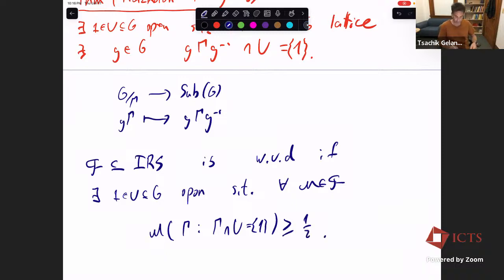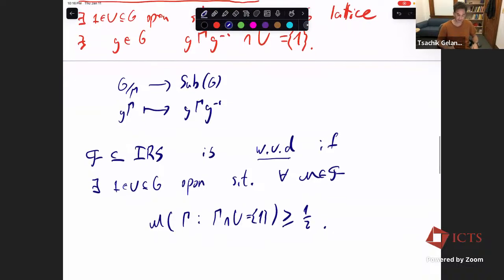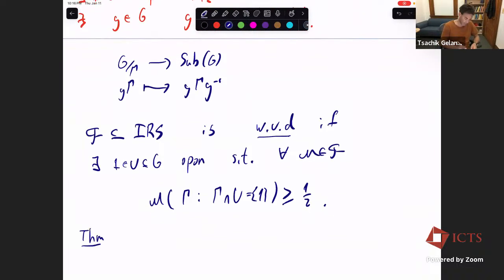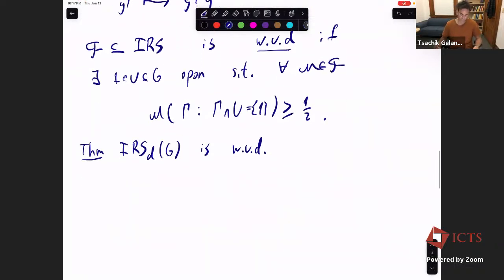Then you say that the family is weakly uniformly discrete, and you can show by a very straightforward compactness argument that the space of all discrete IRSs of G, so all IRSs that are supported on discrete subgroups, is weakly uniformly discrete. So in a sense, it is more general than Kazhdan-Margulis, but much easier to prove. Really the proof is just 4 lines. So this is one result about IRSs. Let me give another result, which is more famous.